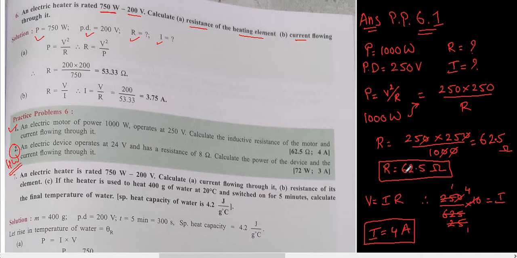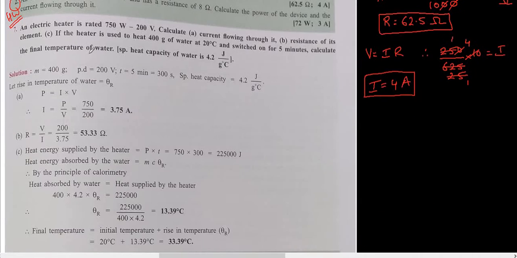Let us move on to the next sum, question number 7. An electric heater which is rated 750 watt, that is power, is given, potential difference is 200 volt.